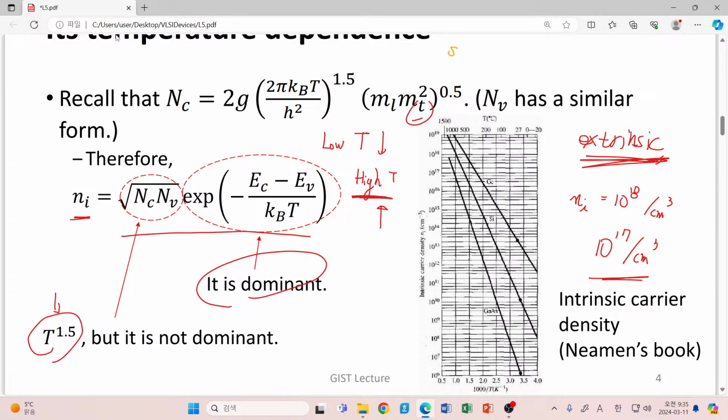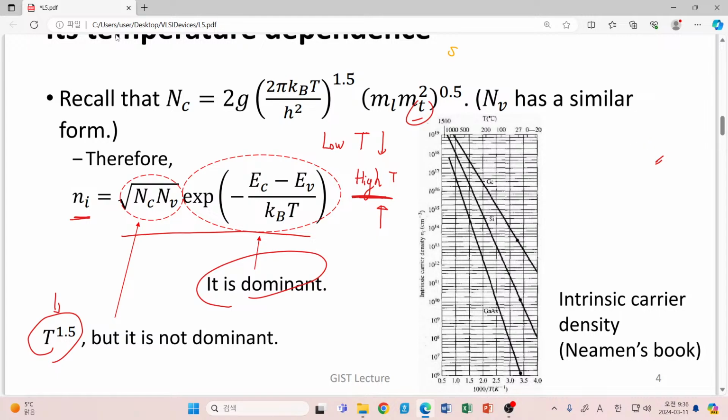If you attended my previous lecture last semester, we thought about process simulation, and at that time we first neglected the doping dependence when we considered higher temperature. That is the reason for such an approximation.